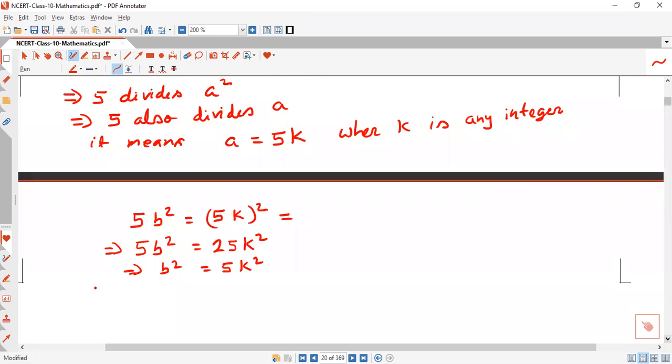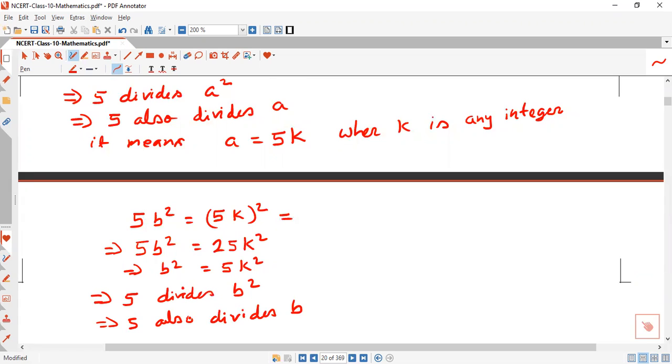So b square equals 5k square, which means 5 divides b square, implying that 5 also divides b.